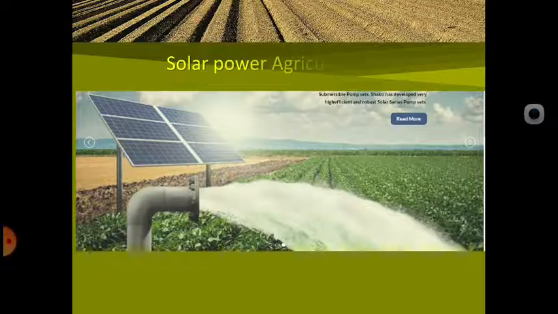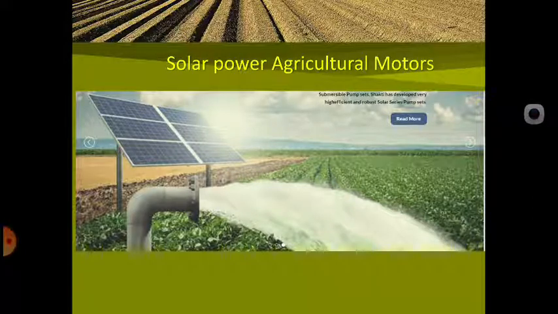Nowadays we can observe the non-conventional energy source, solar power, is also used to run our agriculture pump sets. So, for that purpose, how are we going to give it? Instead of giving the three-phase supply to the agriculture pump set here, the PV, photovoltaic panels are provided on top of the shed, where they generate the DC supply.